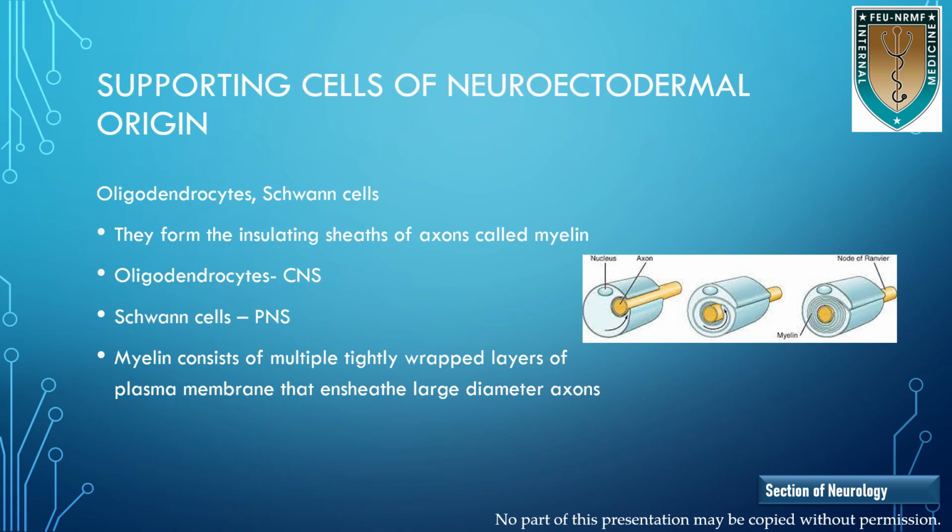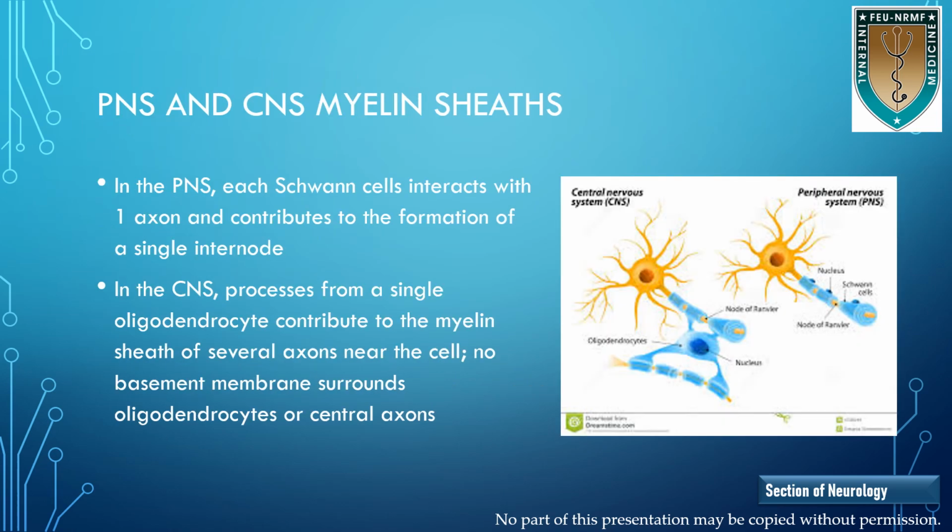The myelin consists of multiple, tightly wrapped layers of plasma membrane that ensheath larger diameter axons. In the peripheral nervous system, each Schwann cell interacts with one axon and contributes to the formation of a single internode, just like here in the diagram.